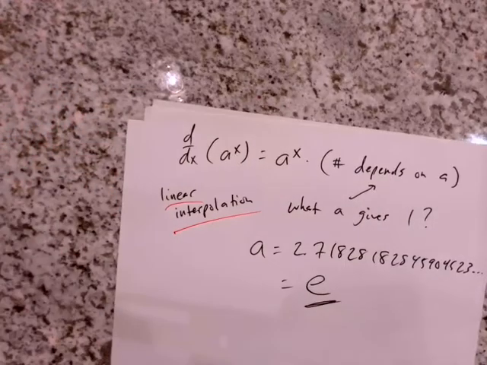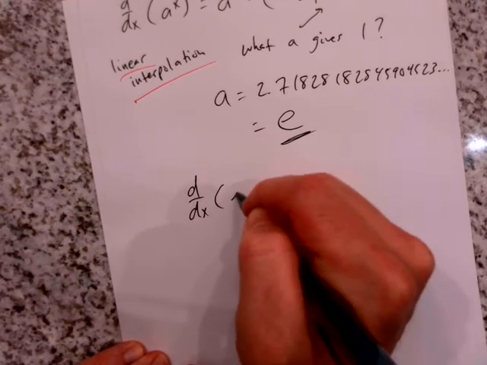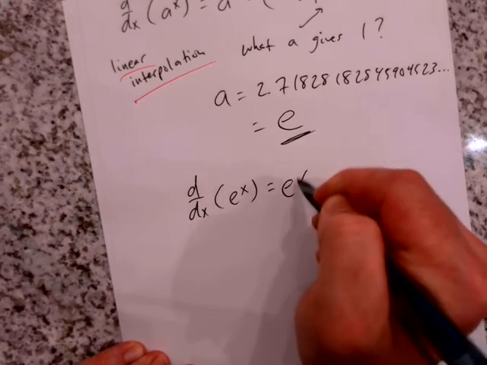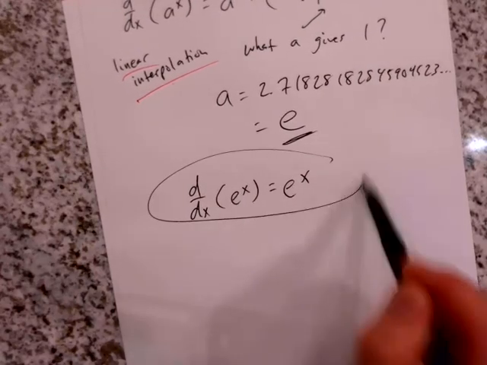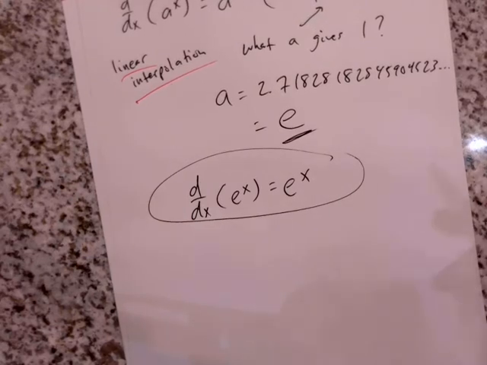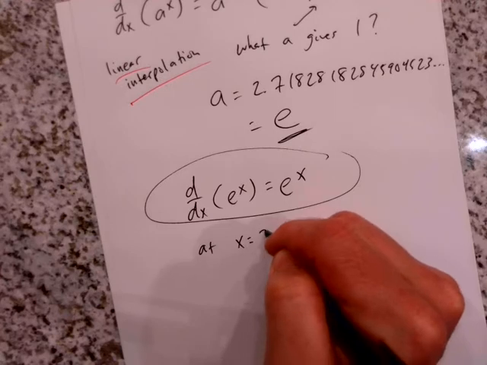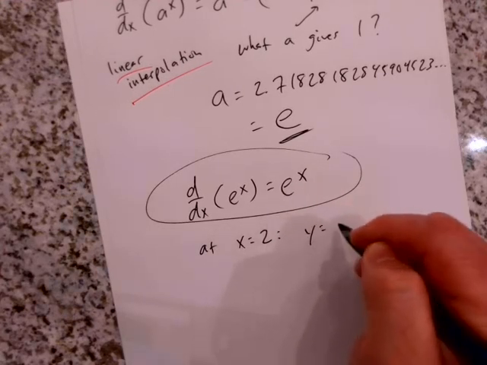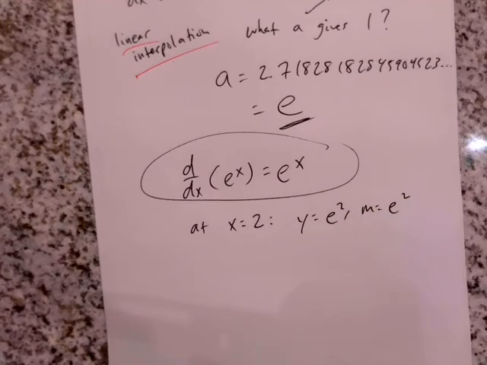We just showed the derivative of e to the x is e to the x. This is the only function whose derivative is itself. It differentiates to itself, which is kind of cool. For example, at the point x equals 2, the y value is e squared, and the slope is e squared. The slope is always the exact same as the y value.